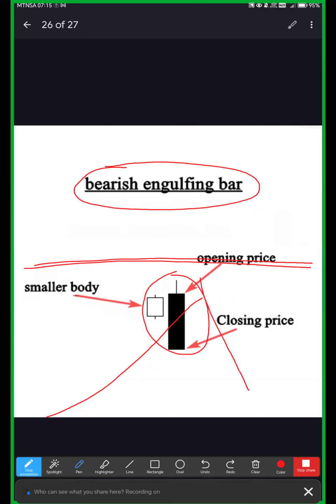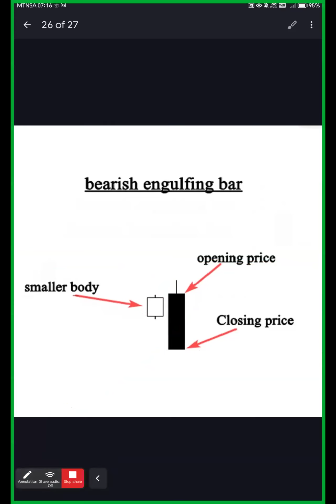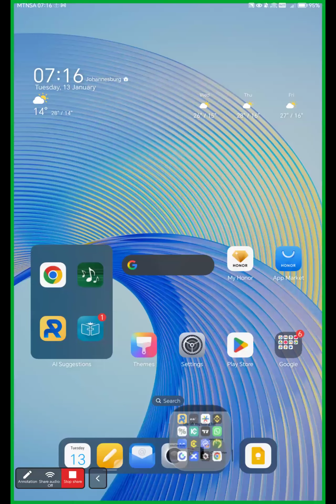The presence of this small candle here, you can see that this candle is small. When the market was coming from this side, probably there were some big candles. Let me just take you a little bit to TradingView. I think I can teach better when I take you to the live market.